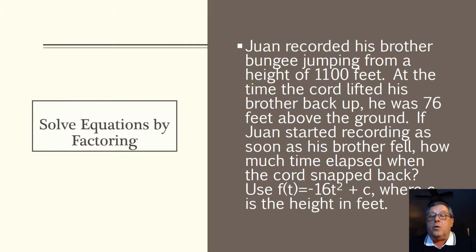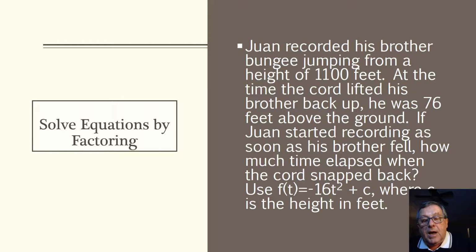If Juan started recording as soon as his brother fell, how much time elapsed when the cord snapped back? Use f of t equals negative 16t squared plus c, where c is the height in feet.